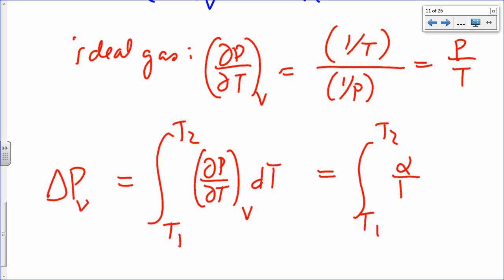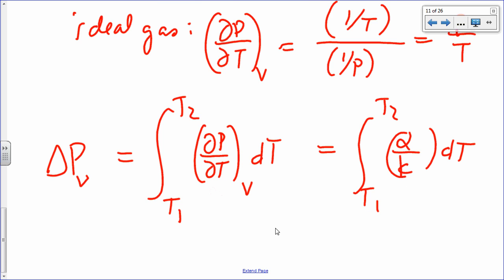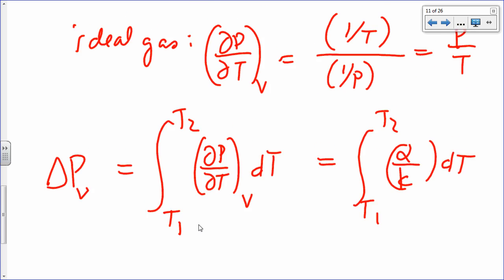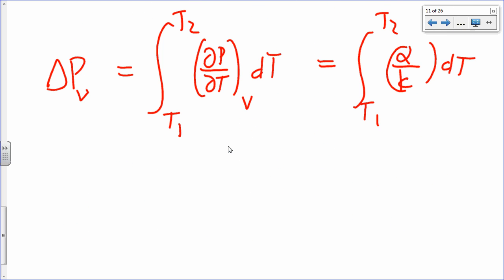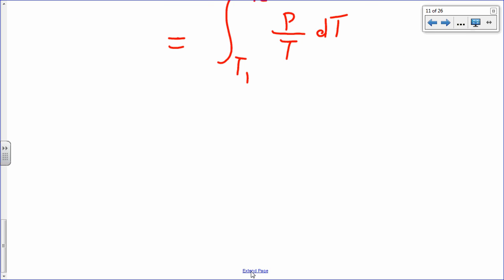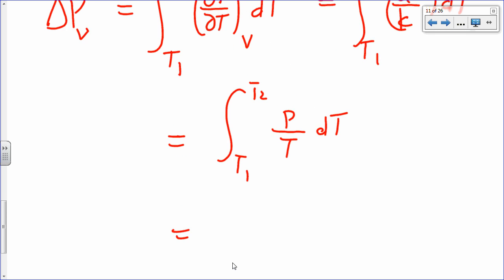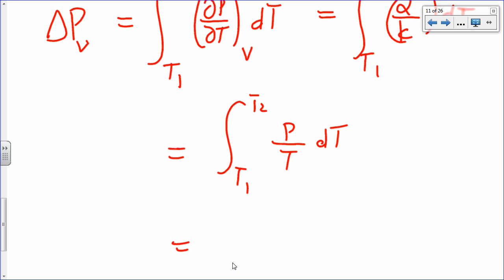In general, that's going to be equal to alpha over kappa dT, right? But for an ideal gas, that's equal to P over T. So this is equal to the integral from T1 to T2 of P over T dT. Now, since pressure is not constant here, we can't pull that P out of the integral. We have to express that in terms of our variable T here. So what's P?